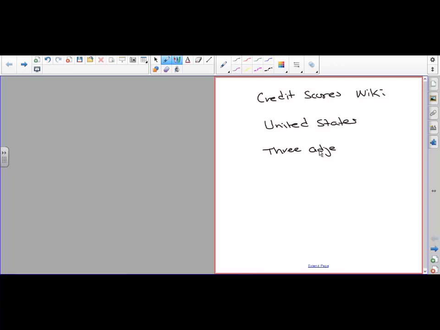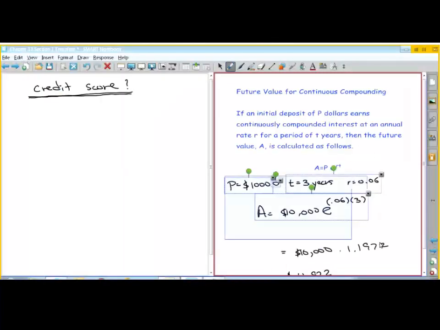Okay, so there are 3 main credit score companies. You might have heard of one in the news, Equifax. So that's one of them, and then there's 2 others. So that's your question. There we go.